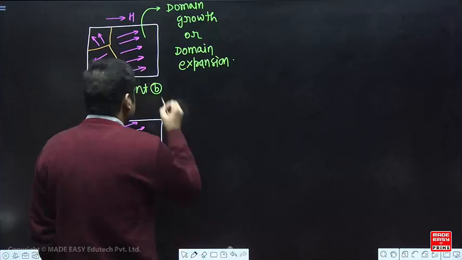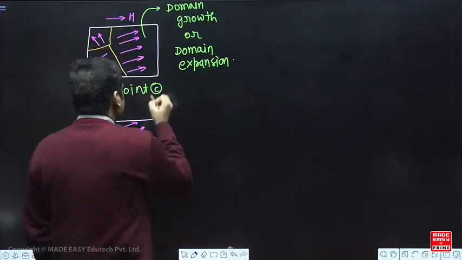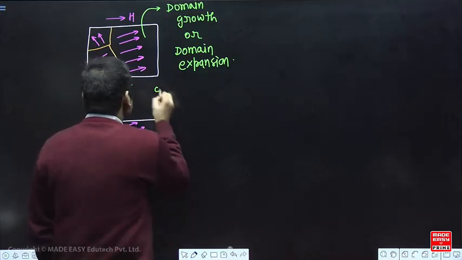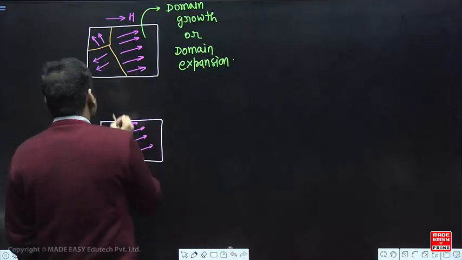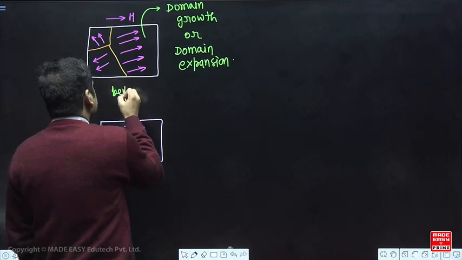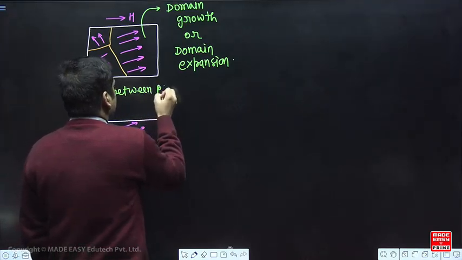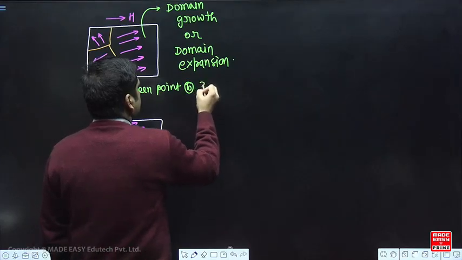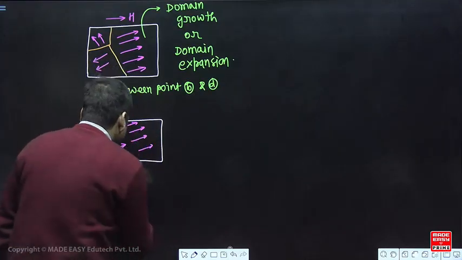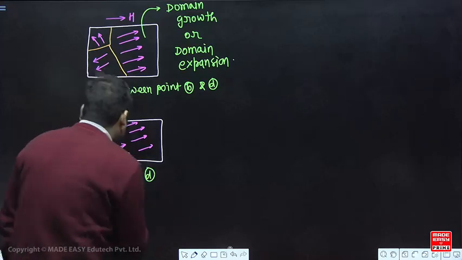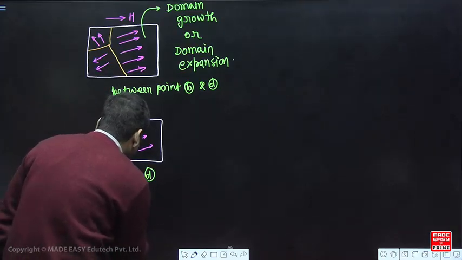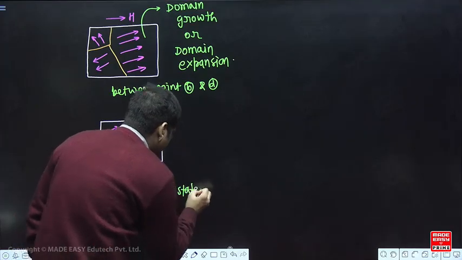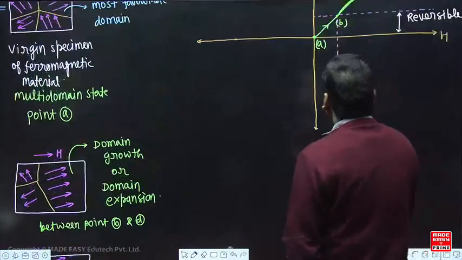This is the point between B and D. This is point D. Here the material has converted into single domain state.